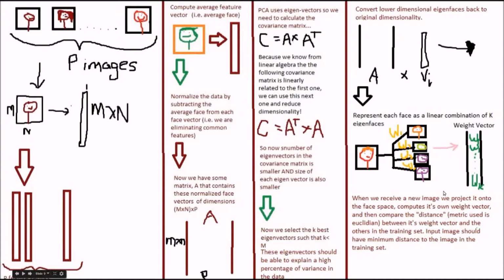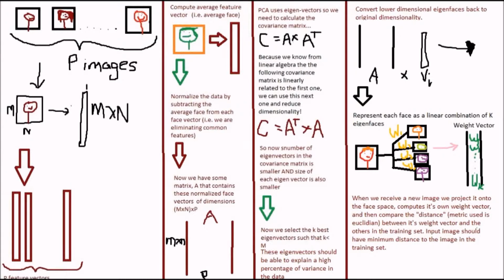And the one that has the minimal distance to that input image is the one which it will say, we think this is a match. So that's my brief explanation.